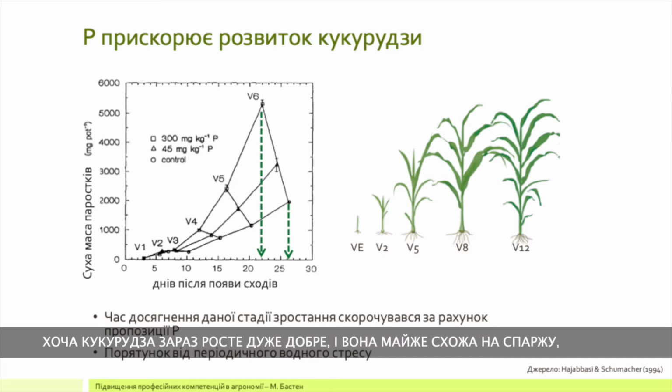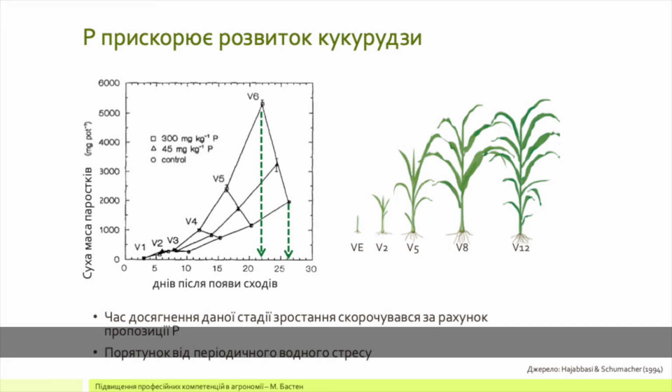Even though the maize grows very nicely now, it takes much more water per unit of dry matter produced. And if we can get this dry matter produced earlier, it saves water for later growing stages.